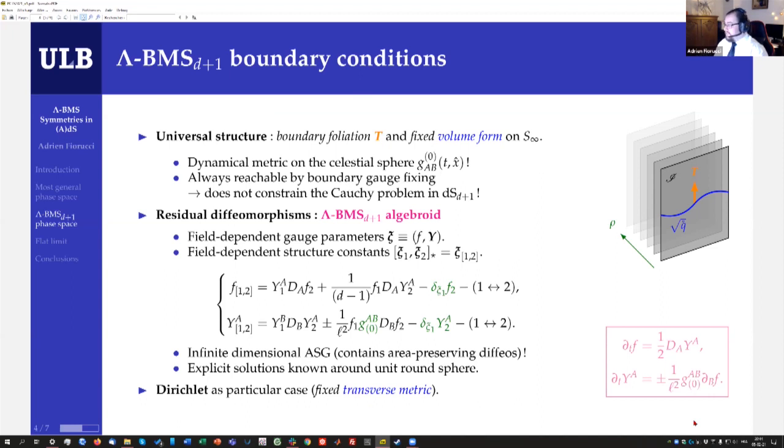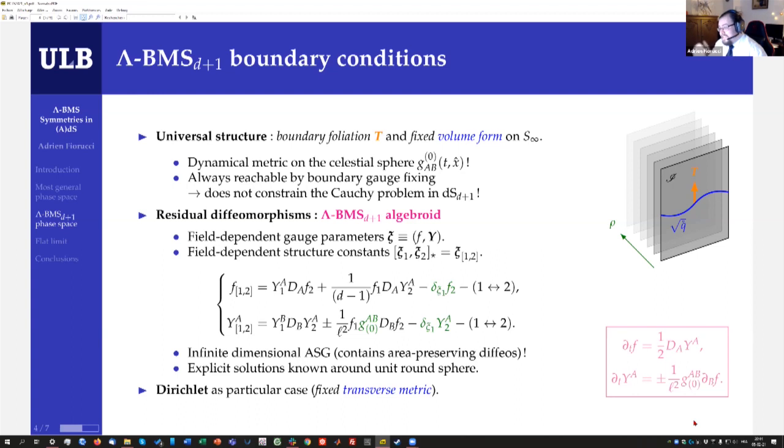So you demand that we have a boundary foliation, so you give in AdS a notion of time, if you want, or a notion of radius in the boundary of dS, and a fixed volume form on the codimension 2 sections of infinity. So you allow for some dynamical metric on the celestial sphere.